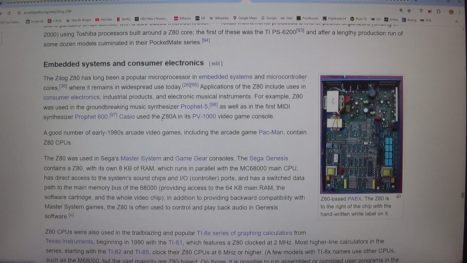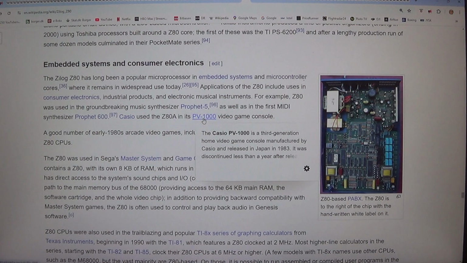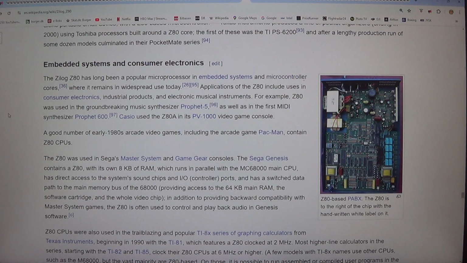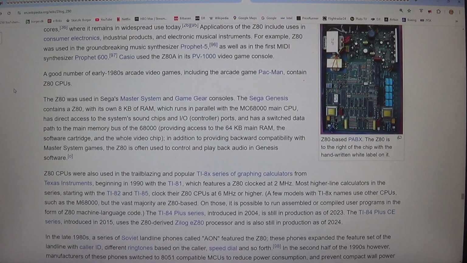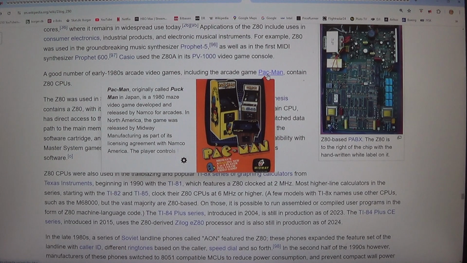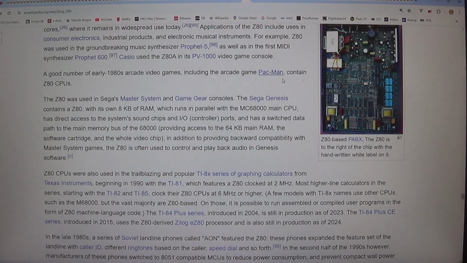Casio used the Z80 in its PV1000 video game console. A good number of early 1980s arcade video games, including the arcade game Pac-Man, contain Z80 CPUs. The Z80 was used in Sega's Master System and Game Gear consoles.